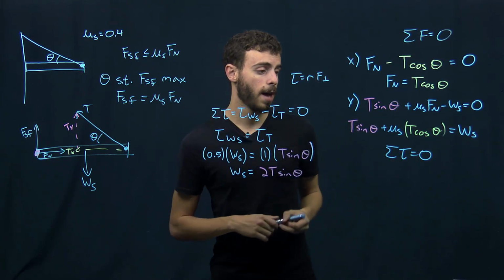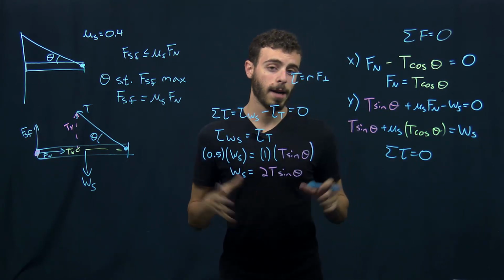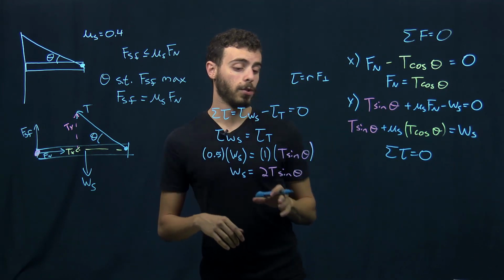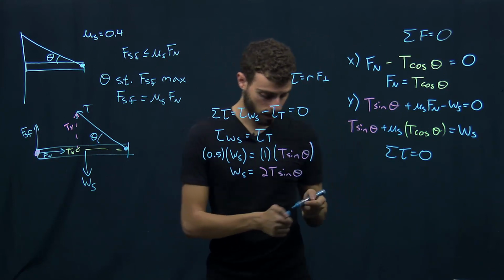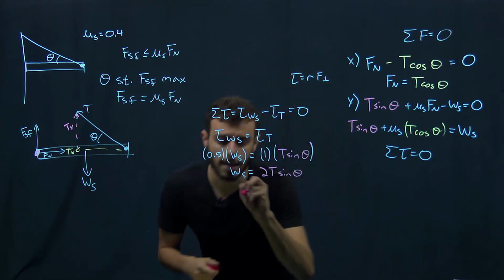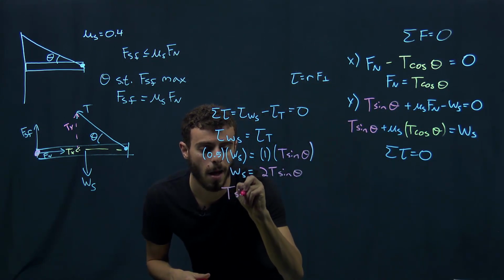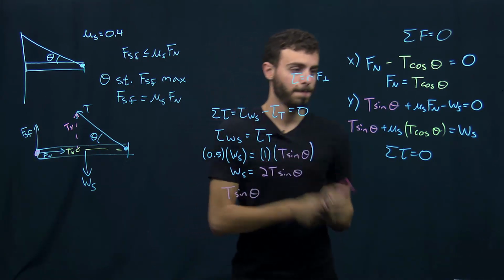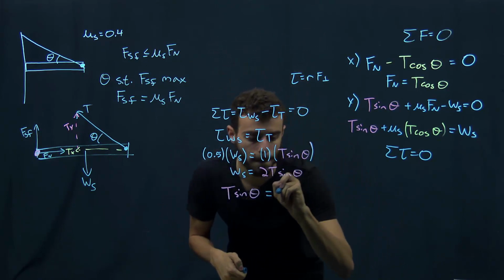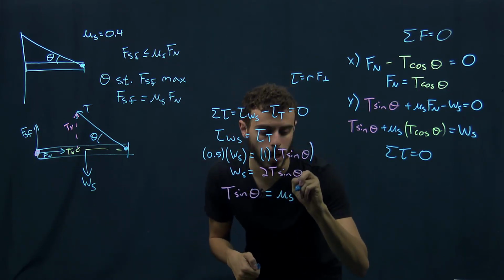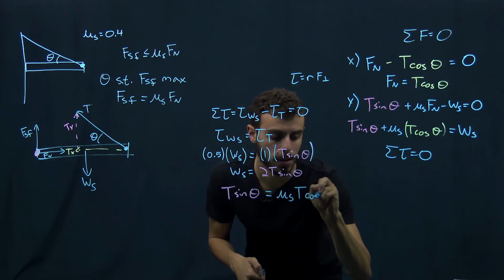With a little bit of algebra, and follow along in your solutions at home, plugging this in gives us that our tension T sine theta should be equal to mu s times T times cosine of theta.